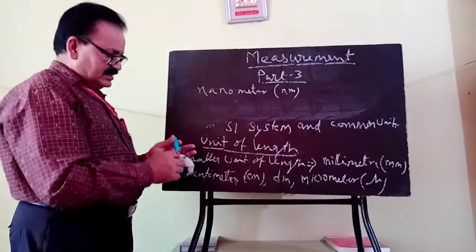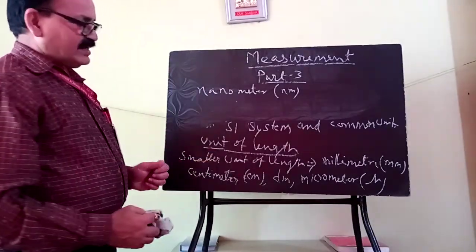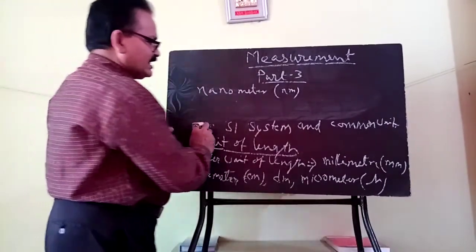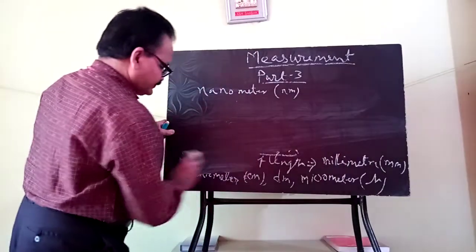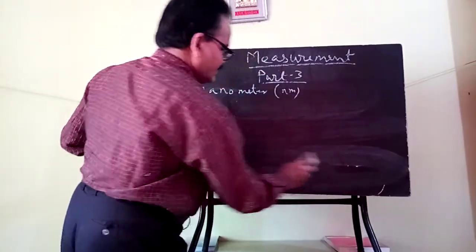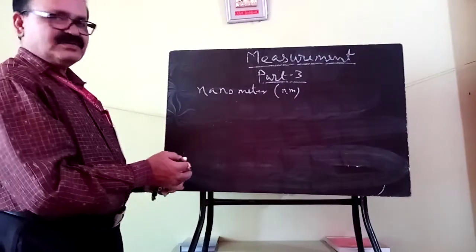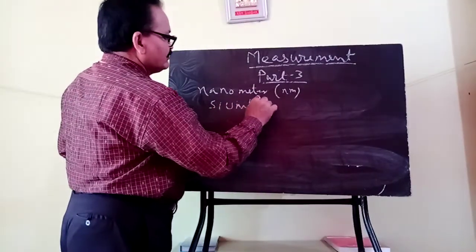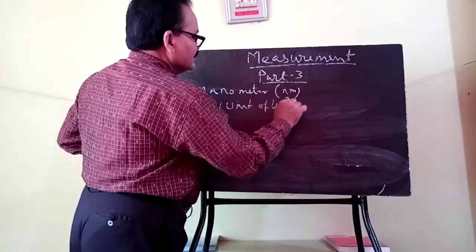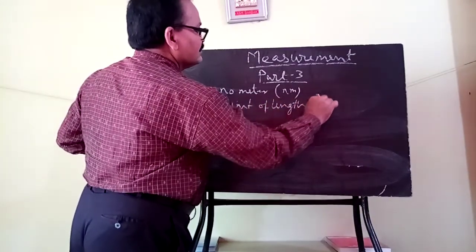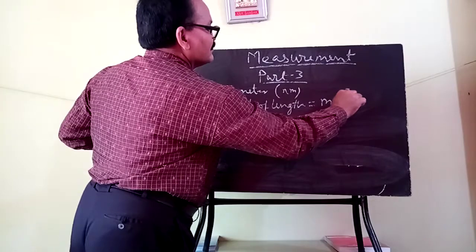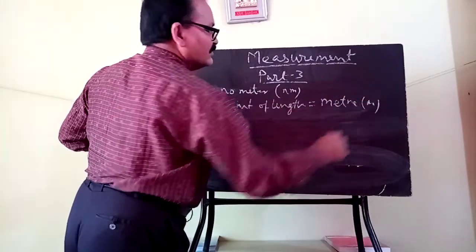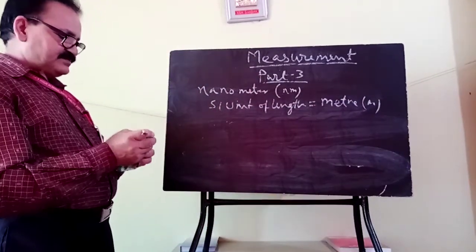So these are the smaller units, and the SI unit of length is your meter, denoted by small m.